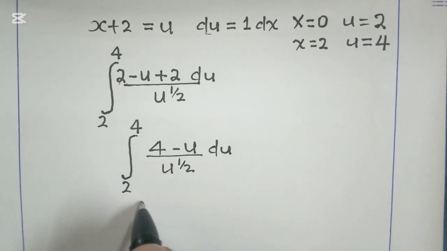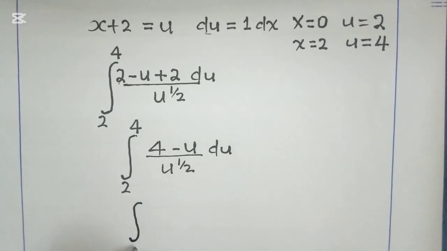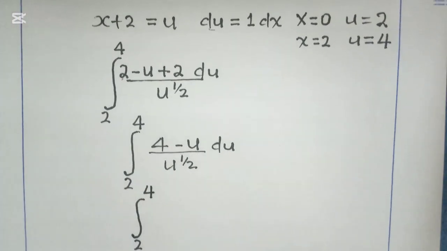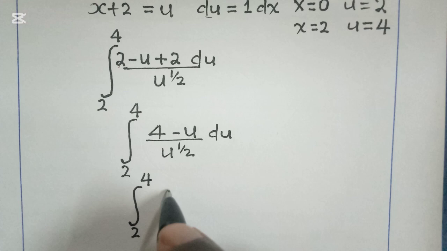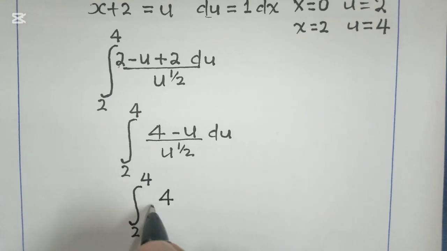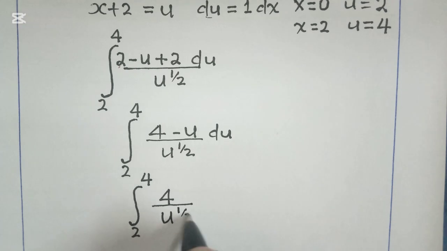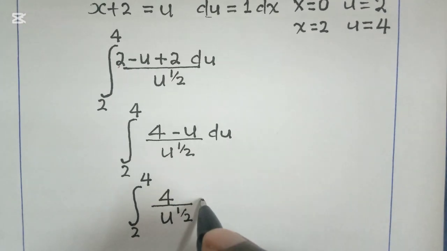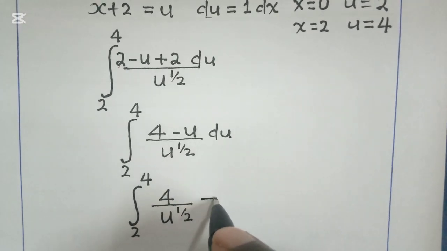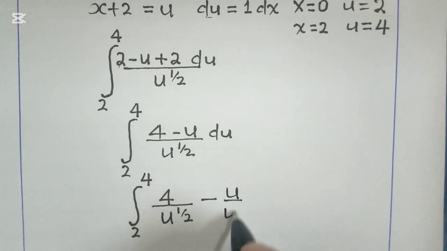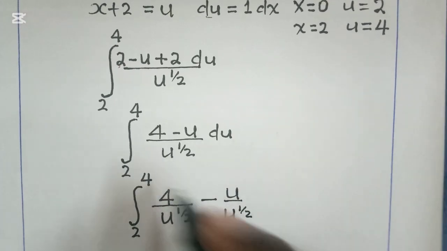So we put it like this, with limits 2 and 4. Then we shall have 4 all over u raised to a half, plus a minus u all over u raised to a half.